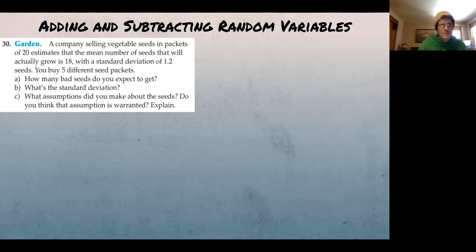So it looks like the expected value for any one given packet is we will get 18 good seeds, which means we're going to have the expected value of bad seeds. I'll just call this random variable x. So the bad seeds, there should be 2, right? That's not a big stretch to understand. Standard deviation of 1.2.